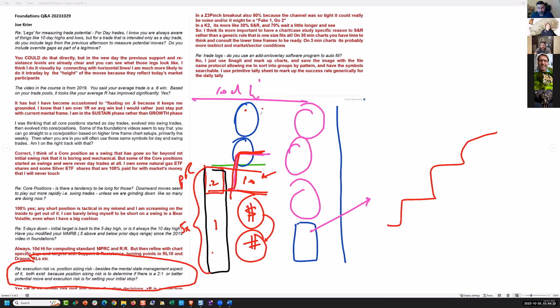And then that means if I made that 0.3, then if I get 2R, it's 0.6. And that's really 2 to 1. And that logic.